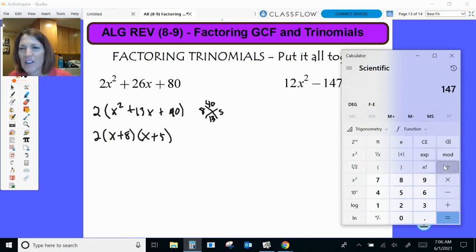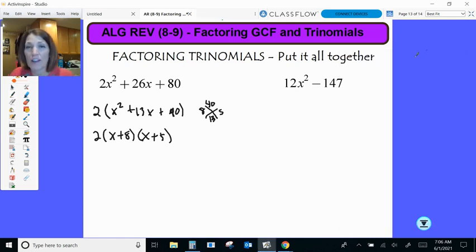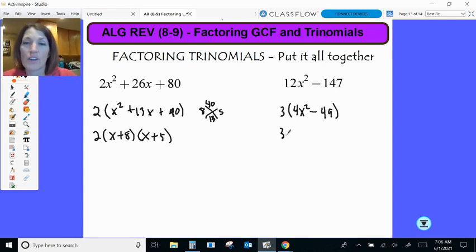How about 147 divided by 3? There we go. 147 divided by 3 is 49. So I'm going to divide this all by 3. So 12 divided by 3 is 4x squared. And then 147 divided by 3 is 49. I don't know why I did 4 first. So this gives me a perfect square right here. Okay, so I'm going to go 3, and this is going to be 2x plus 7 and 2x minus 7.